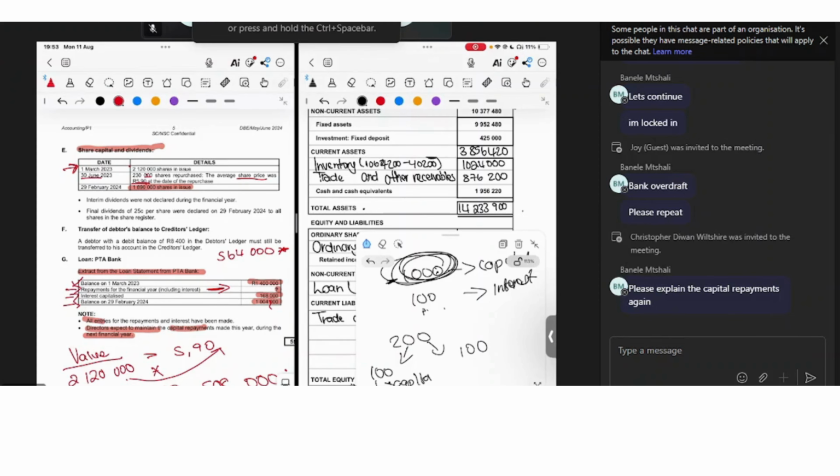I don't know if that's making sense. It's not the loan amount plus interest. It's just the original loan amount, the amount that you owed originally. That's what the capital repayment is, going towards paying that amount, not the interest. Yeah.